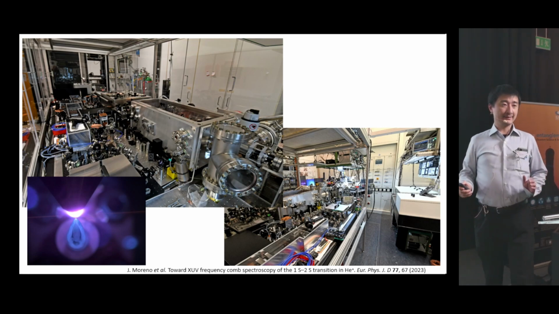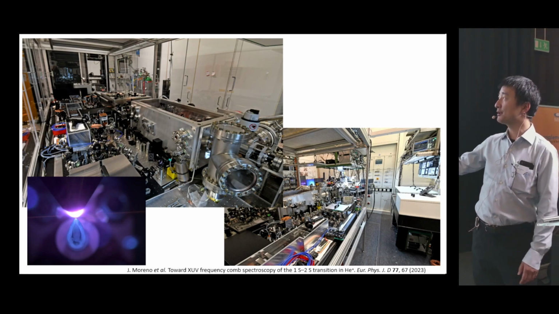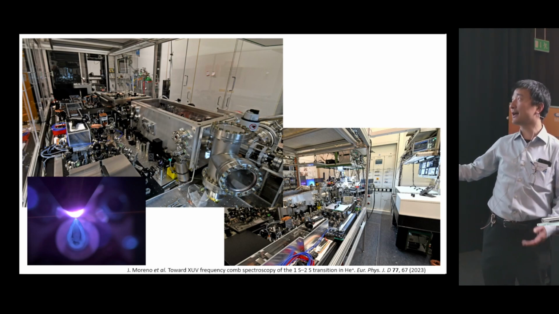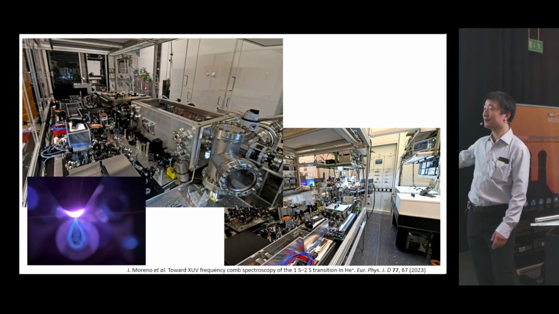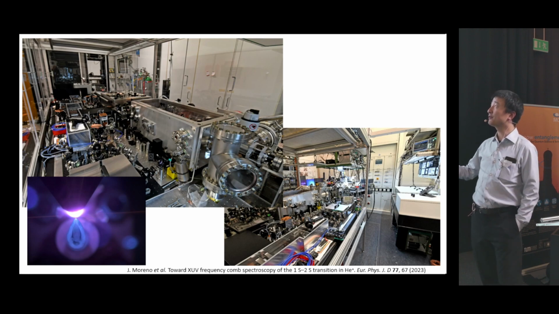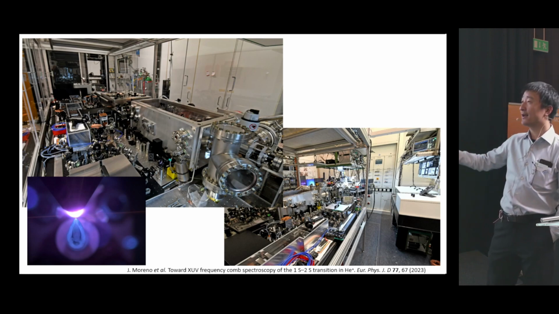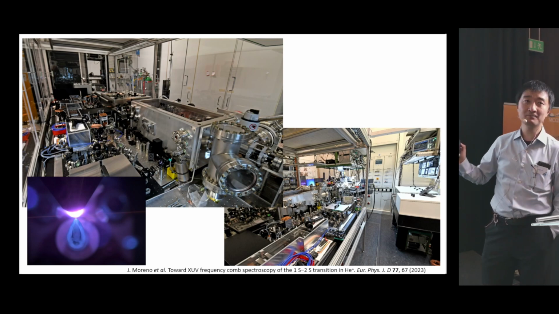And as for the current status of the experiment, we produced 61 nanometer frequency combs with sufficiently high power. We also have the ion trap working, with Helium-plus inside of the ion trap. We are currently trying to send this 61 nanometer frequency comb through this beamline and exactly hit the Helium-plus ions.